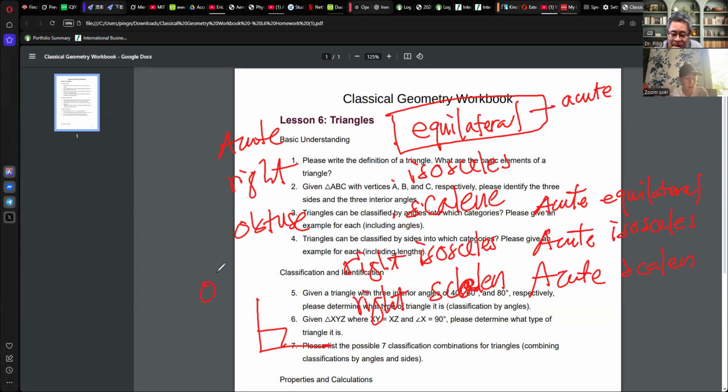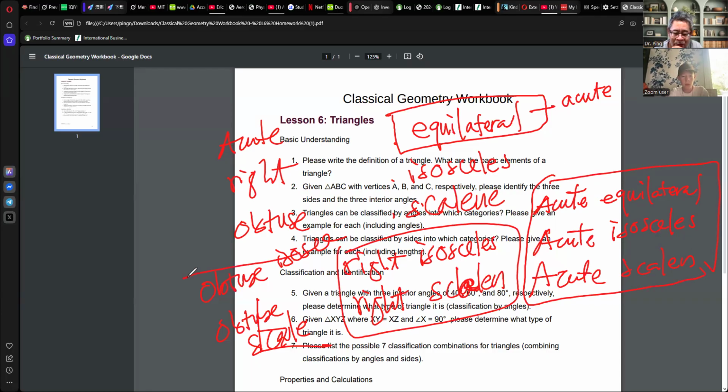Then obtuse, same thing: we can either have obtuse isosceles or obtuse scalene. Make sense? So 3 acute, 2 right, and 2 obtuse.